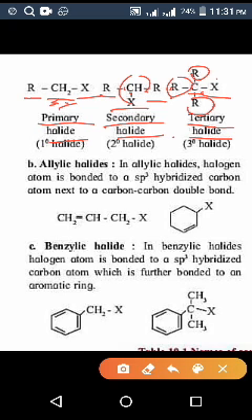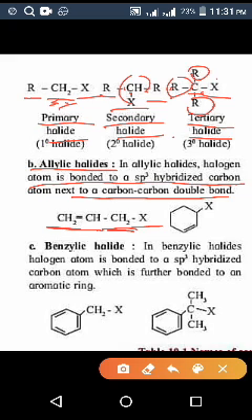Second classification is allylic halide. What is meant by allylic halide? The halogen atom is bonded to an sp3 hybridized carbon atom next to a carbon-carbon double bond. See, the halogen is bonded to an sp3 hybridized carbon atom, but next to it there is a carbon-carbon double bond. These are known as allylic halides.